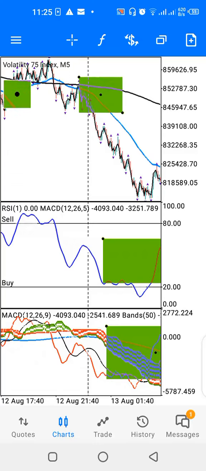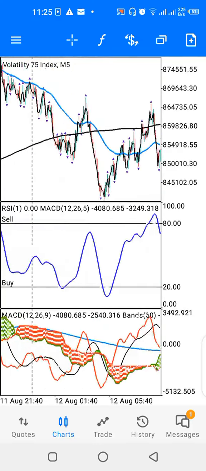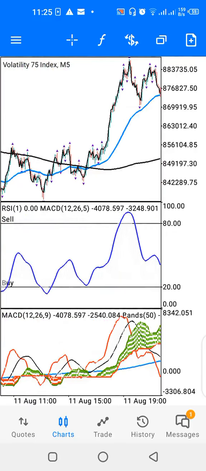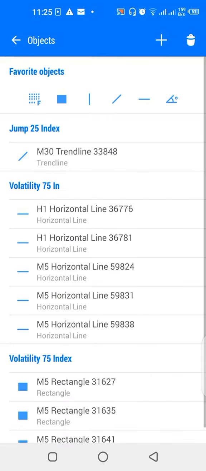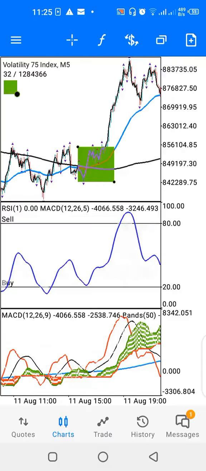The reverse is the case for buy trade. Like here, I take my buy trade, I go long here, where I have the blue line crossing above the black line on the 5 minutes time frame. Then I also have my Bollinger Bands crossing above the blue line. That's my buy entry.